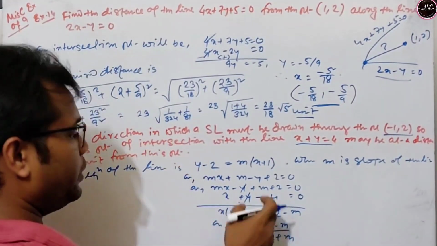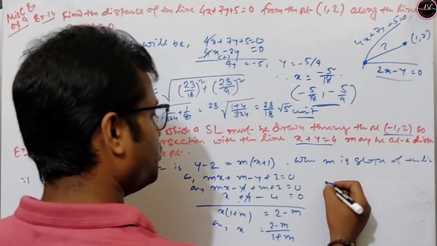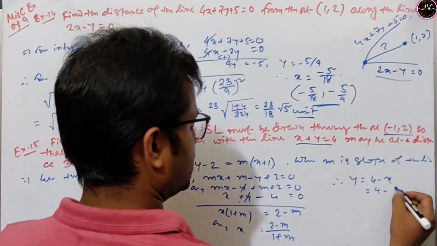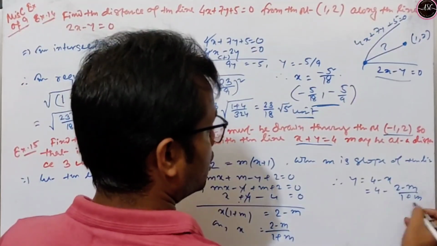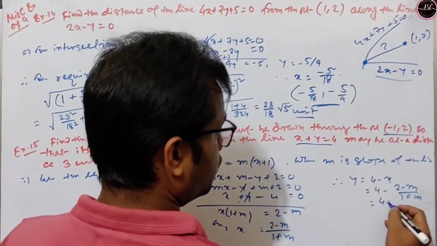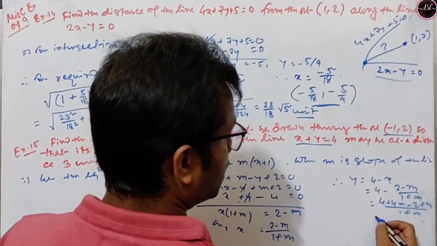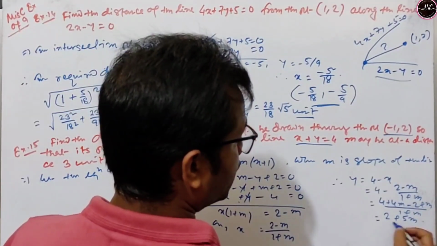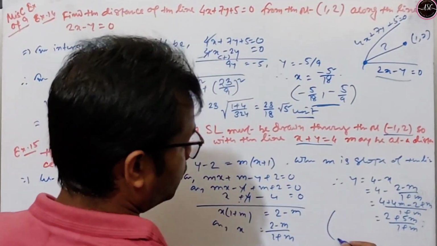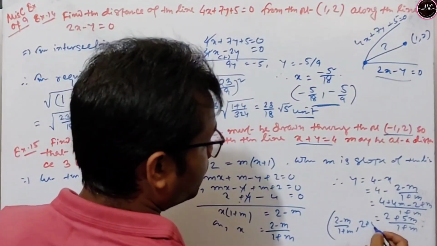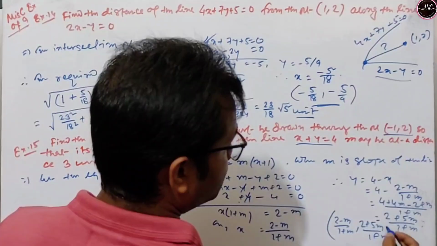Now putting this value of x in this equation, we get the value of y. Therefore, y equal to 4 minus x, that means 4 minus 2 minus m divided by 1 plus m. So here we get 4 plus 4m minus 2 plus m by 1 plus m, that means 2 plus 5m divided by 1 plus m. Therefore, the intersecting point is 2 minus m divided by 1 plus m, comma 2 plus 5m divided by 1 plus m.